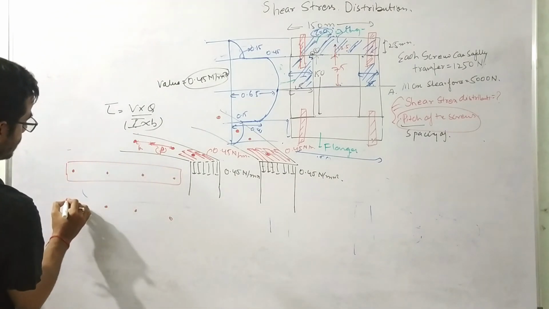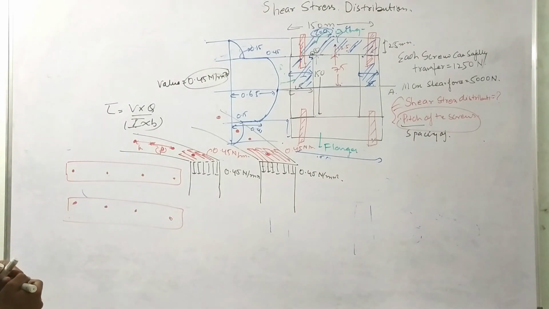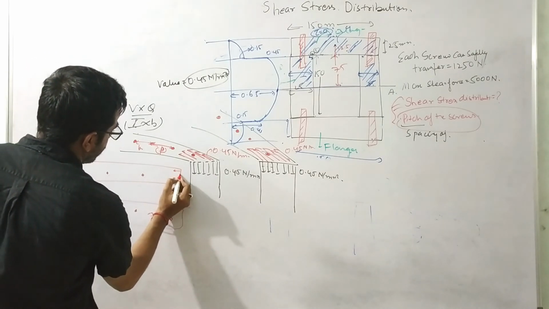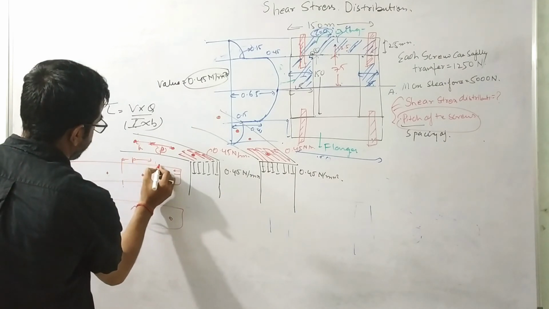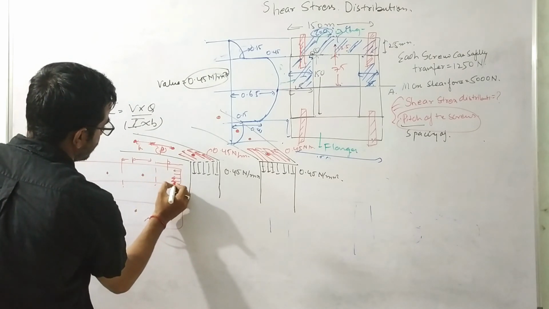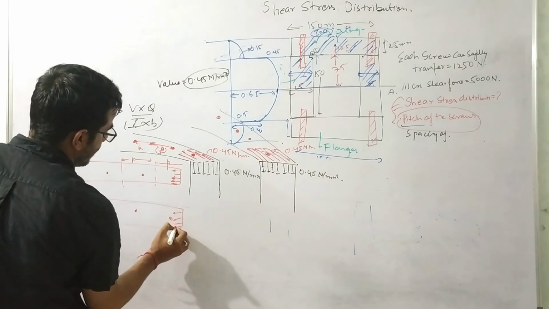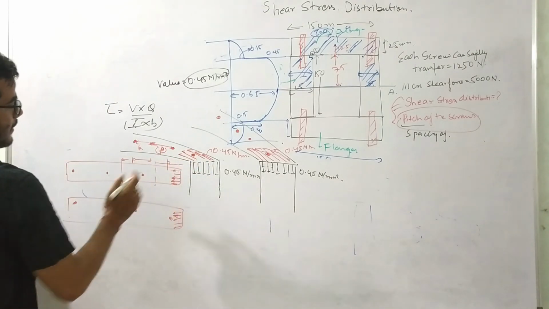This is the one portion. This is the cross section. This is the top view basically. So here 0.45 Newton per mm square stress is coming. I'm showing this portion, right?